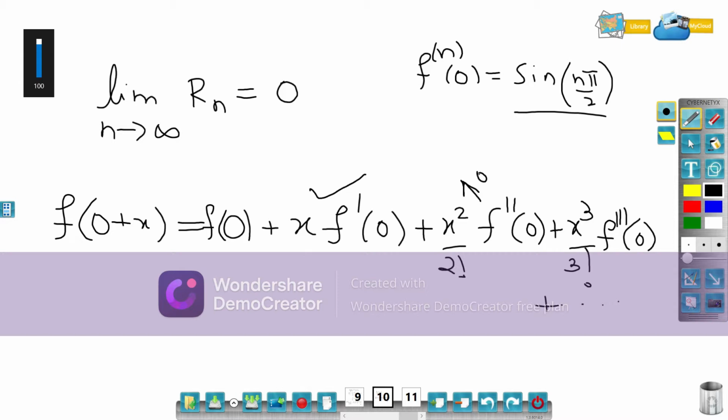Then again sine 3 pi by 2, that will be minus 1. Then sine 4 pi by 2 is 0. So if n is a multiple of 2, then sine n pi by 2 is always 0. And if n is not a multiple of 2, then it will be plus 1, minus 1, alternating.